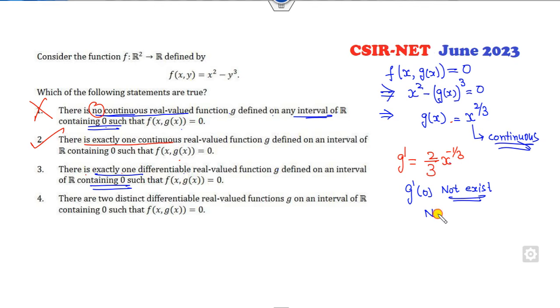So it means the function is not differentiable on any interval containing 0, so this is cancelled. There exist two distinct functions, differentiable functions, which contain 0, but the function is not differentiable there. So the right answer is only B for this problem.